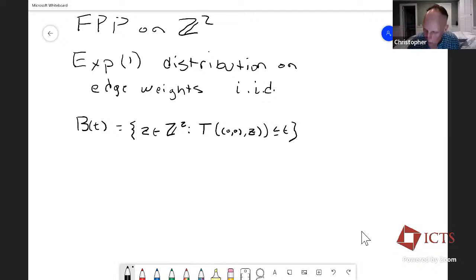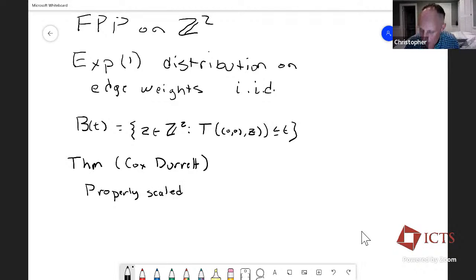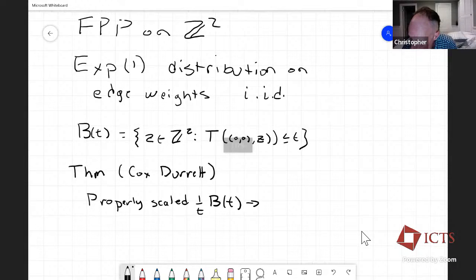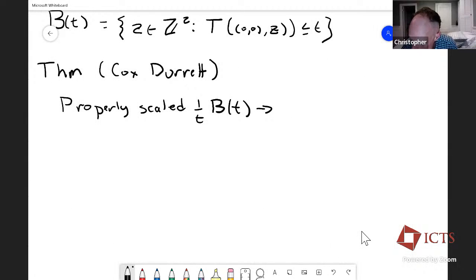Now, one of the earliest theorems in first passage percolation, which is due to Cox and Durrett, is that, properly scaled, so I take B of t and I scale it by 1 over t, 1 over t times B of t converges to some shape B contained in R2, where B is constant.